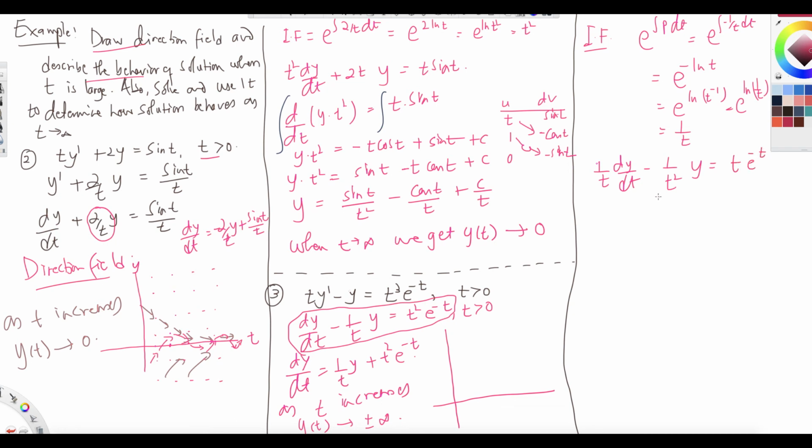Now on the left hand side, you don't have to do anything. It is just d over dt of y times the integrating factor, equals t e to the negative t.